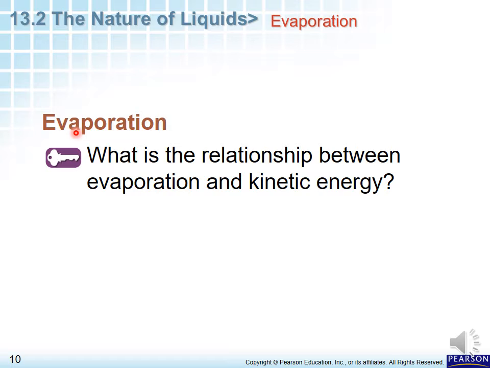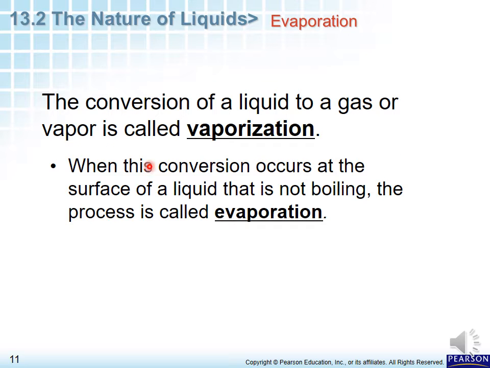Next topic is evaporation. What is the relationship between evaporation and kinetic energy? For this, we have to discuss vaporization. The conversion of a liquid to a gas or vapor is called vaporization. Means liquid becomes gas.